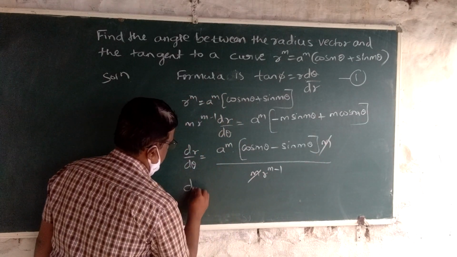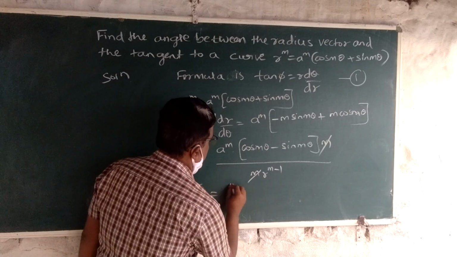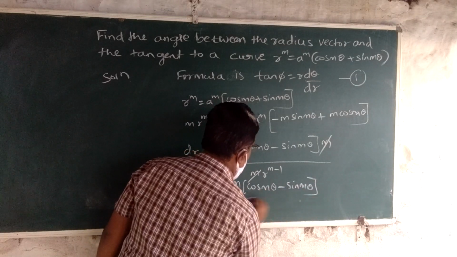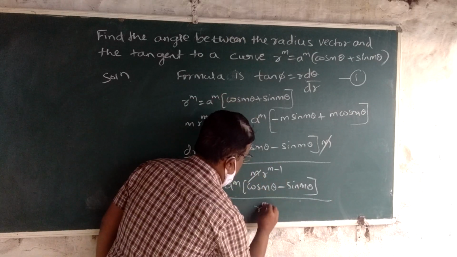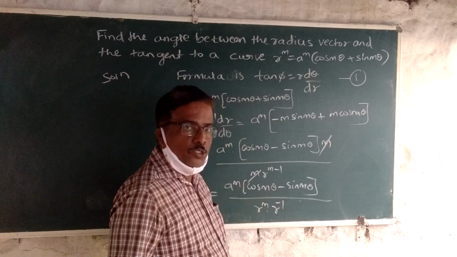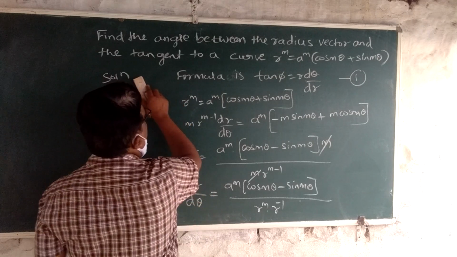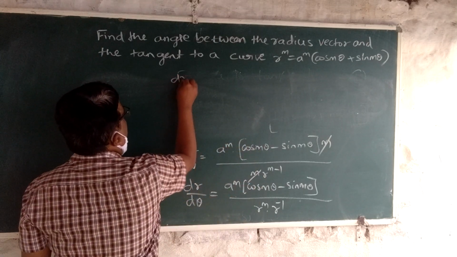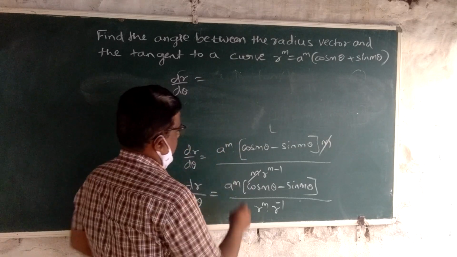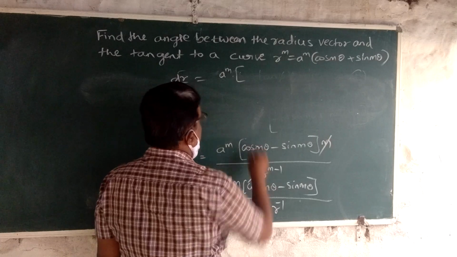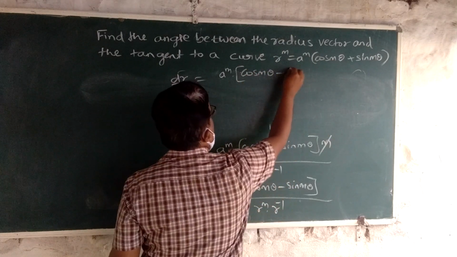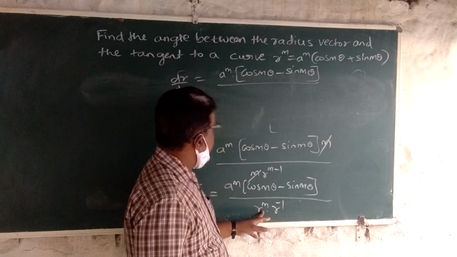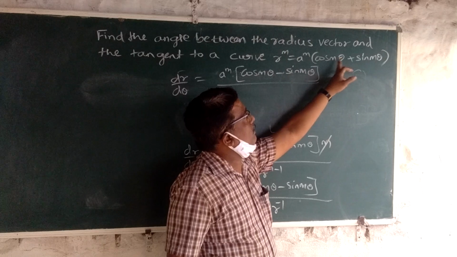Now this can be written as dr by d theta equal to a^m (cos m theta minus sin m theta) divided by r^(m-1), and r^(m-1) can be written as r^m into r^(-1). So dr by d theta is equal to a^m (cos m theta minus sin m theta) divided by r^m. Now r^m is already given: r^m = a^m (cos m theta plus sin m theta).